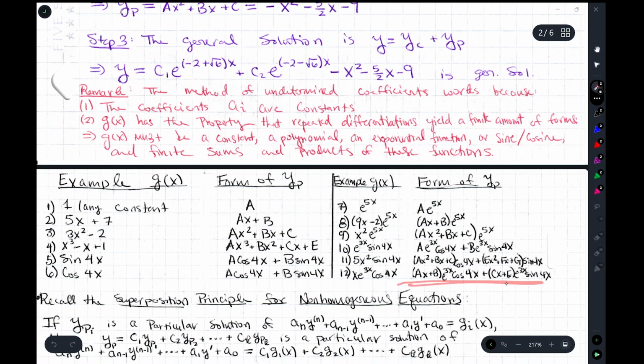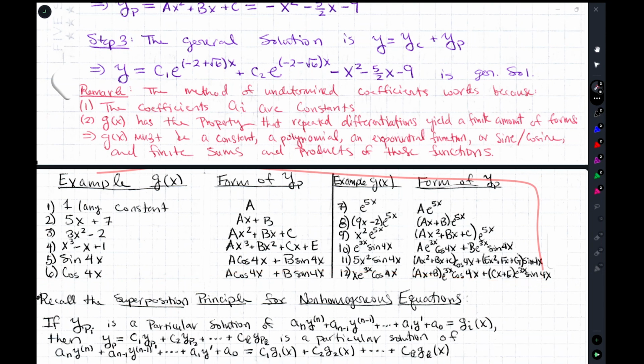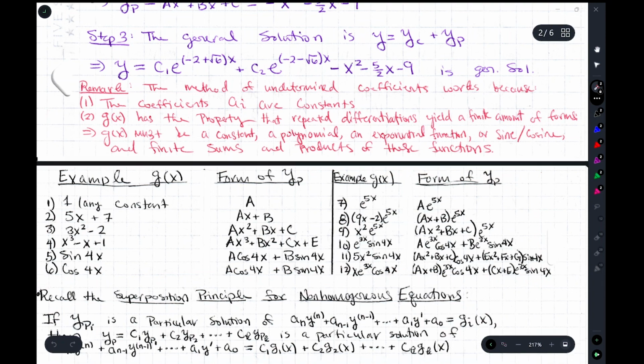Well, you'll have this form here in this case, where of course the polynomial goes up to the highest order. Here it's just x to the 1. If it was x squared, we'd need an x squared term here and an x squared term over here in this parentheses. So by looking at this table, rather than just writing out this kind of algorithm, you get an idea of what kind of form you should guess.